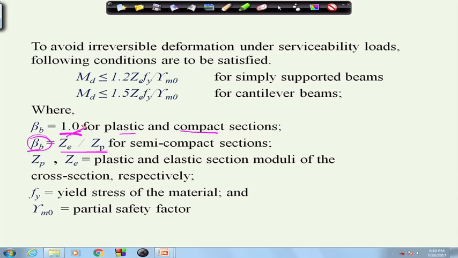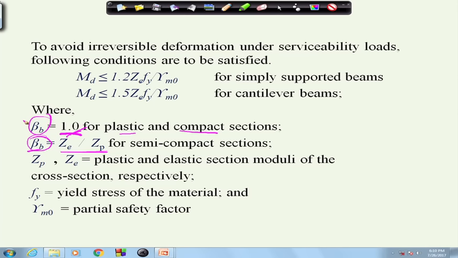Whether the section is plastic, compact or semi compact will be decided from the codal provisions, because from the thickness of the web, depth of the web and other criteria like flange thickness, flange width, etc., we can find out whether a section is compact, plastic or semi compact from the code, and on that basis we find the beta B value.